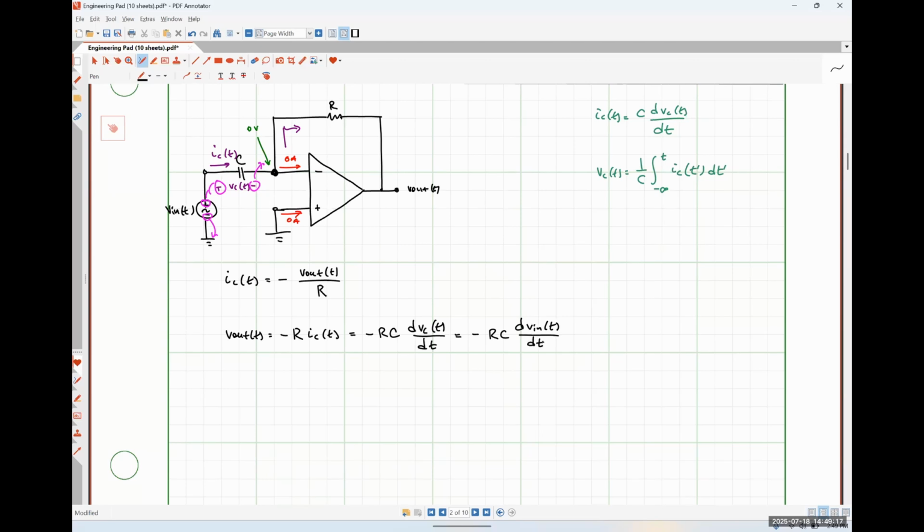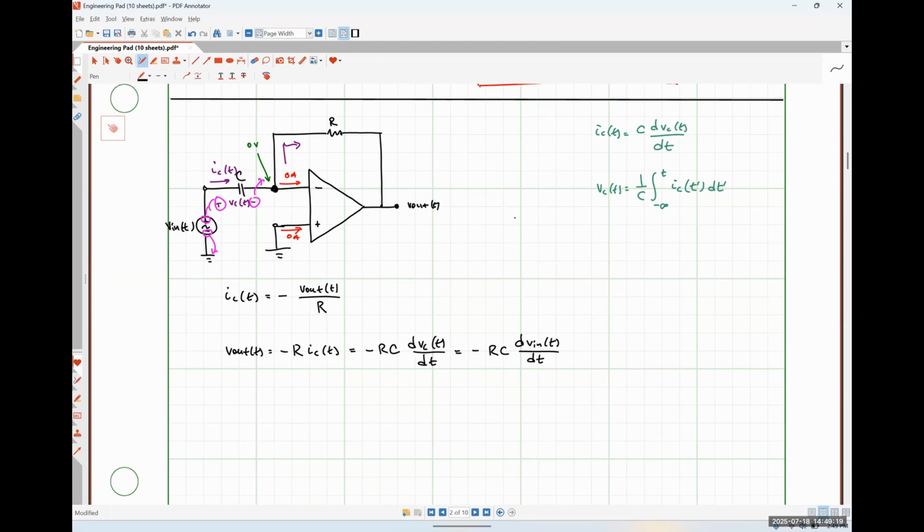So this particular configuration, where we have the resistor in our feedback network, gives us what's called a differentiating amplifier, because our output is a scaled version of the derivative of our input signal. Okay.